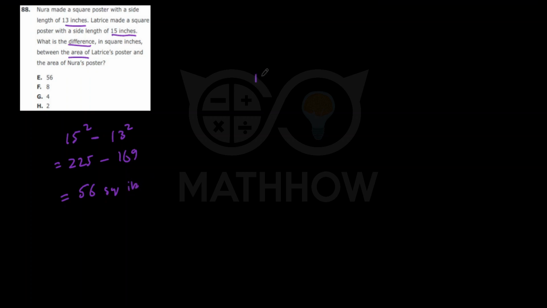Another way of doing this is factorizing using this formula: a squared minus b squared equals a plus b into a minus b.